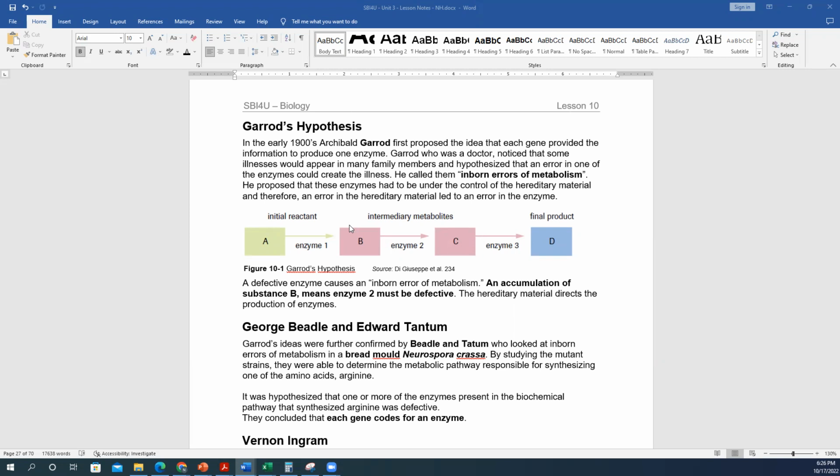Therefore, if there was an error in the hereditary material, that error led to an error in the enzyme.